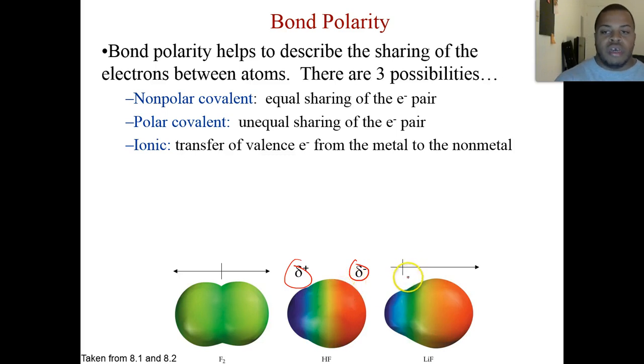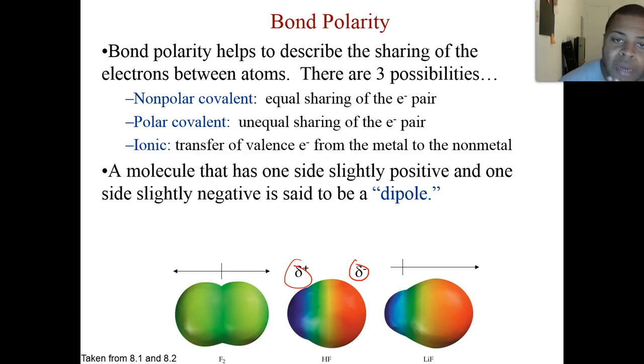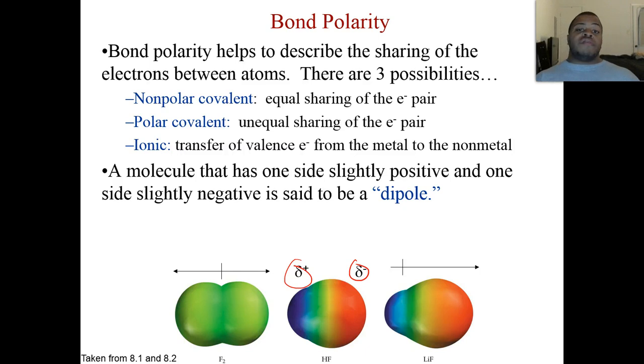And we have what's called ionic, which is going to be the complete transfer of the electron from, say, lithium on this side to our fluorine. Also, note the little symbols that are given to you here. It's just showing you which side the electron's being pulled closer to. Now, a molecule that has one side slightly positive and one slightly negative is said to be a dipole.